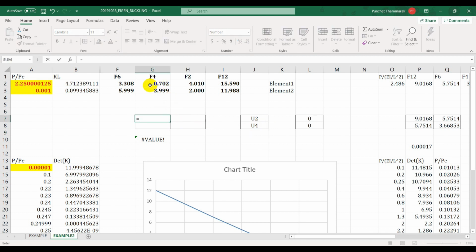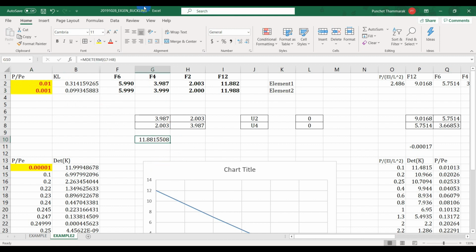So that comes from F2 and F4. I reset the value to 0.1 again, so basically 0.01.